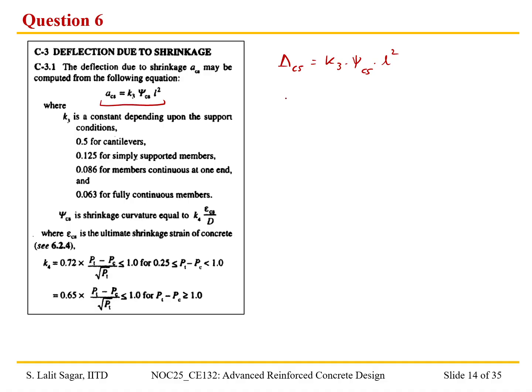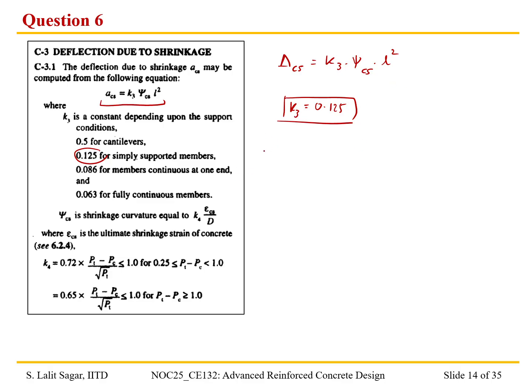Here we are considering a simply supported beam, so the value of K3 is equal to 0.125.